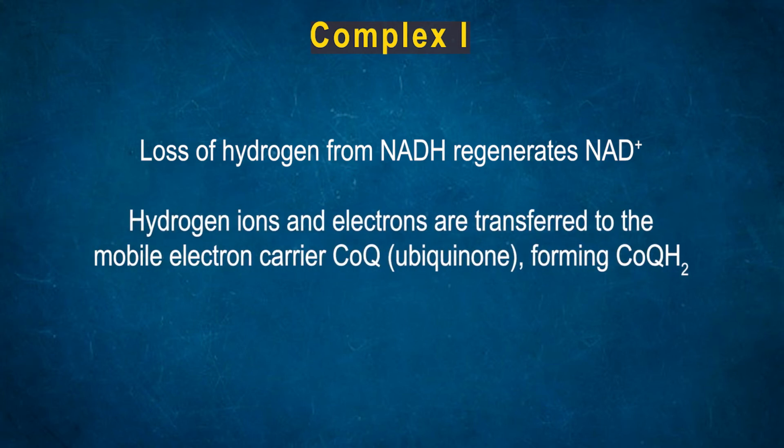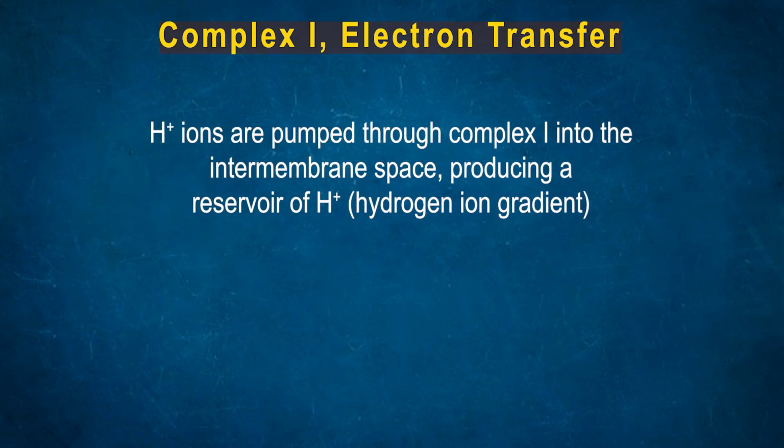Hydrogen ions and electrons are transferred to the mobile electron carrier CoQ, ubiquinone, forming CoQH2. Complex 1 electron transfer: during the electron transfer, H plus is pumped through complex 1 into the intermembrane space of the mitochondria, producing a reservoir of H plus.